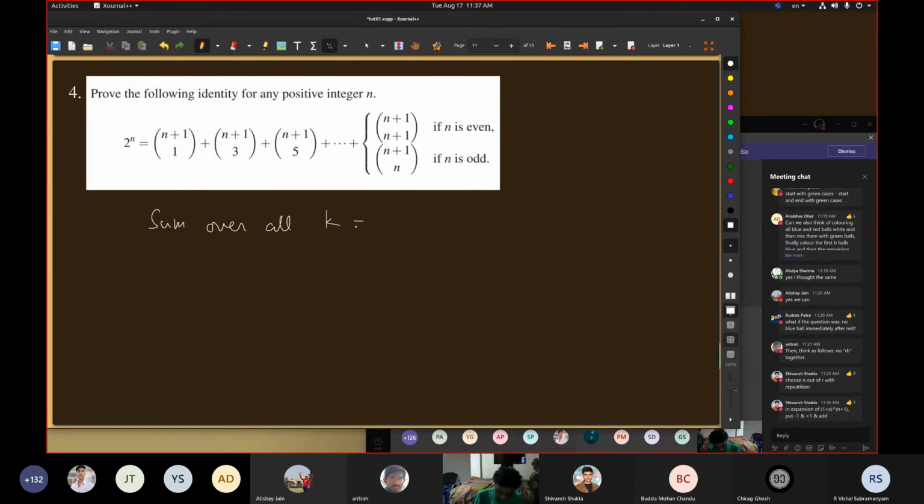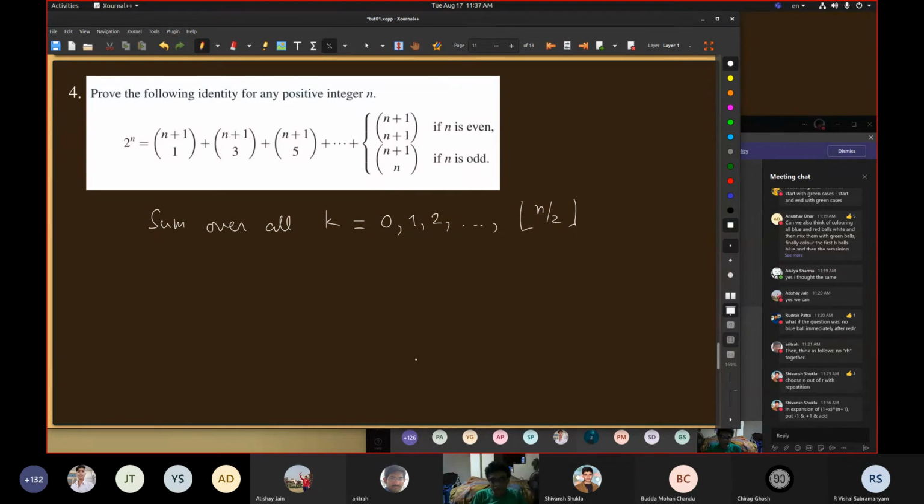That is 0 occurrence of 0, 1, 1 occurrence, 2 occurrence, up to n by 2. No further occurrences are possible, and then you will get all possible strings of length n, and that is 2 power n. On this side it is the same.